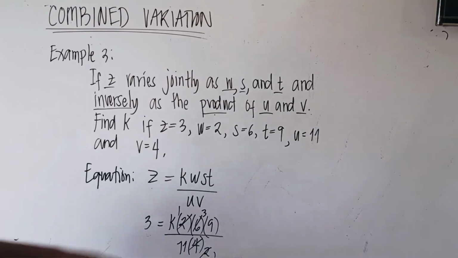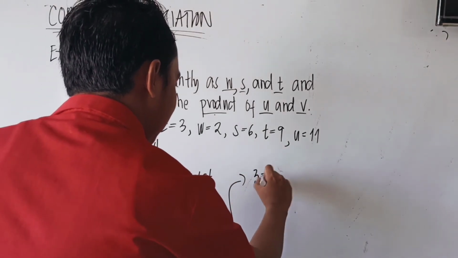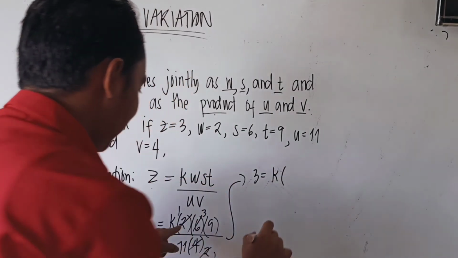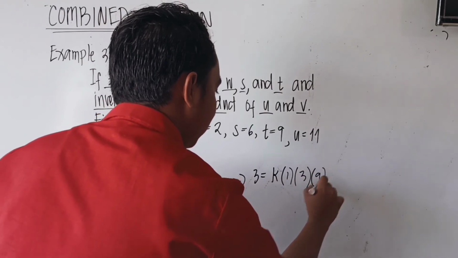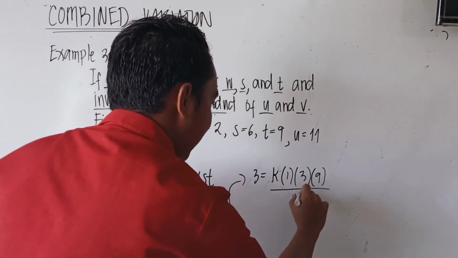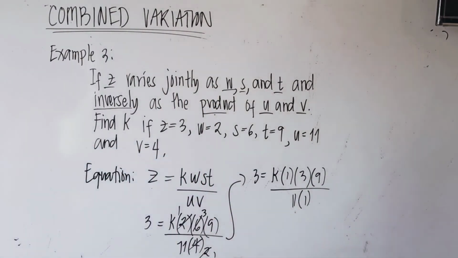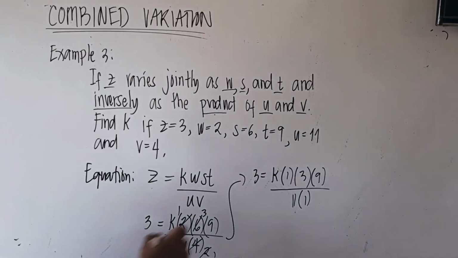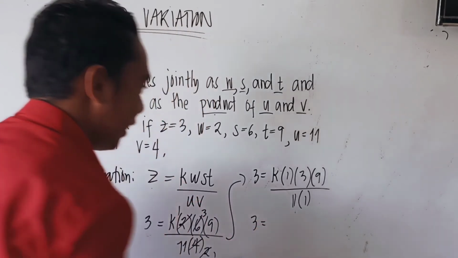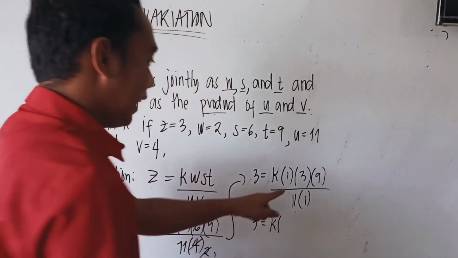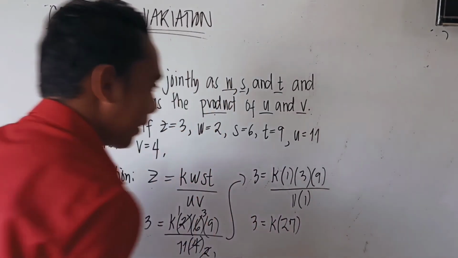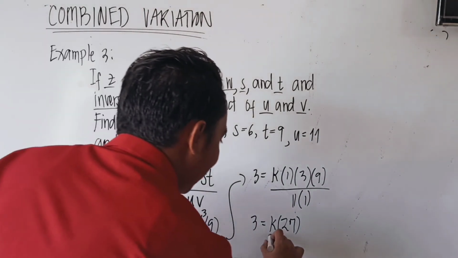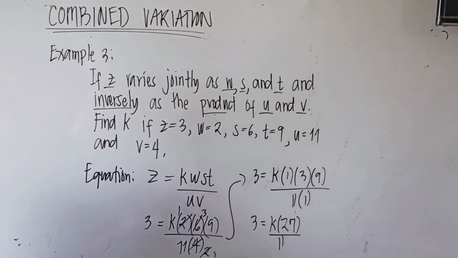Okay, so bali magiging equation na lang natin dito, 3 equals K times 1 times 3 times 9 all over 11 times 1. Mas na-lessen yung number natin, no? Okay, so simplify na natin. Again, 3 equals K, multiply po natin, 1 times 3 times 9, that is equivalent to 27, all over 11 times 1, that is 11.